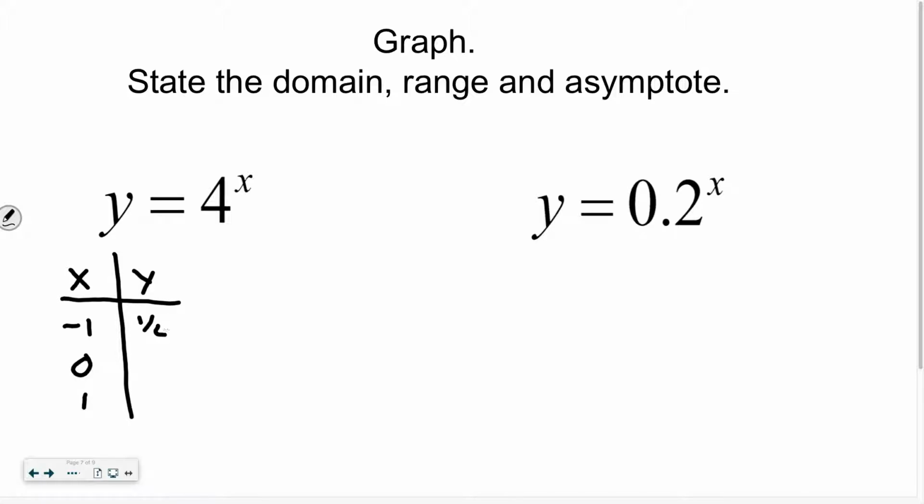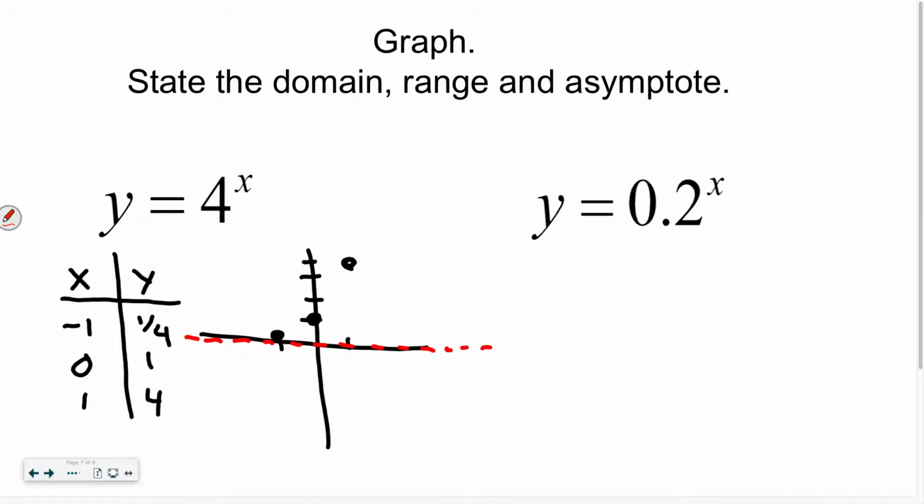You know what the graph looks like, so I won't do all of this. I just want to show you what I expect on your homework. -1, 1/4; 0, 1; 1, 1/4. You should draw in your asymptote. I want to see that. And then don't cross your asymptote.